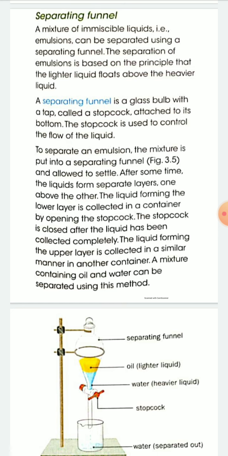The stopcock is closed after the liquid has been collected completely, and then the liquid forming the upper layer is collected in a similar manner in another container. A mixture containing oil and water can be separated by using this method.